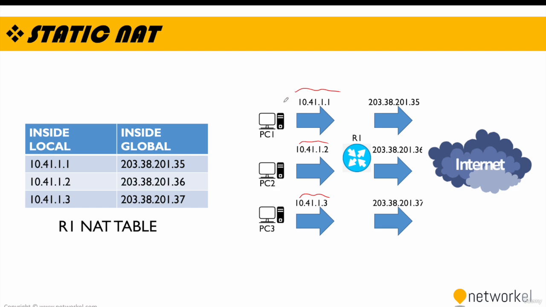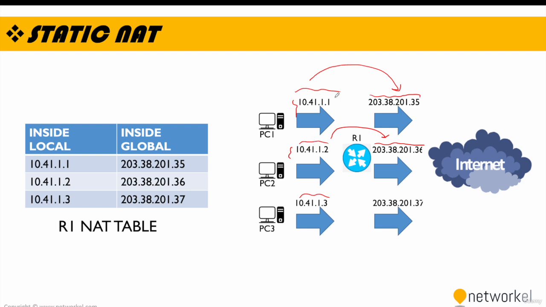When PC1 reaches the public internet, its IP address will be mapped to this IP address, and the IP address of PC2 will be mapped to this one, because these are all private IP ranges. They are my inside local, and these IPs cannot be used on the internet. They are not routable.